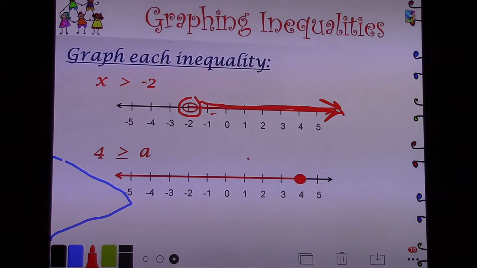So if it is just greater than, it doesn't include the -2, so we put a hollow circle around it to show it's not included.